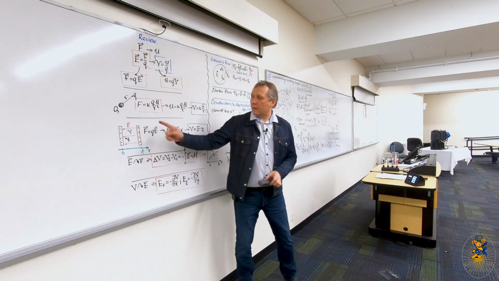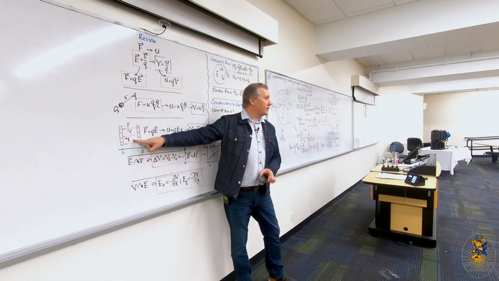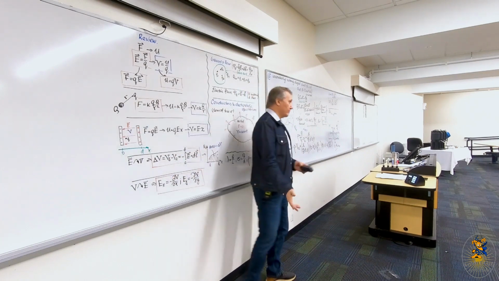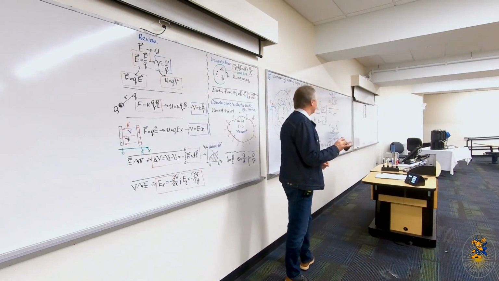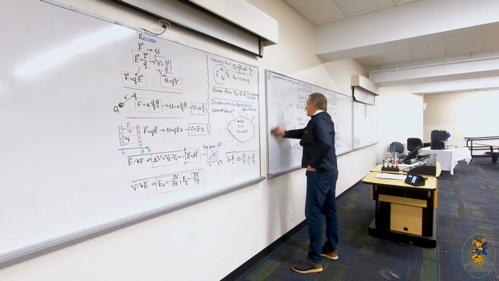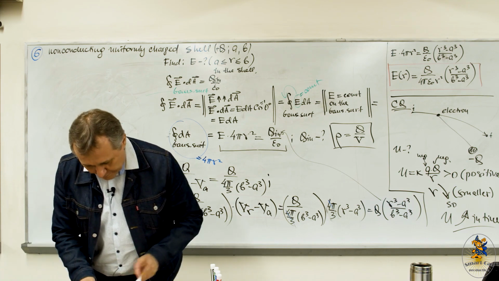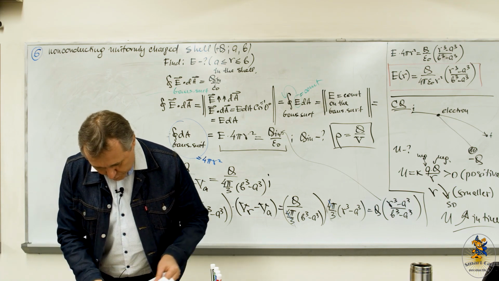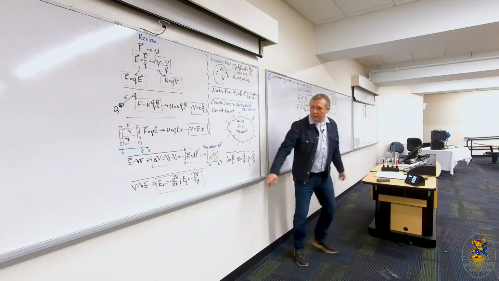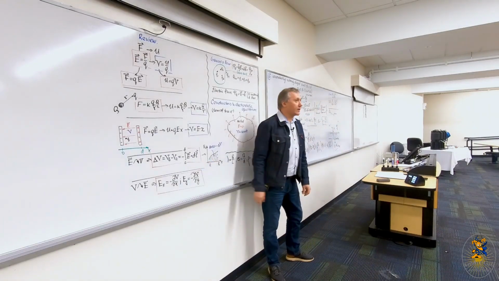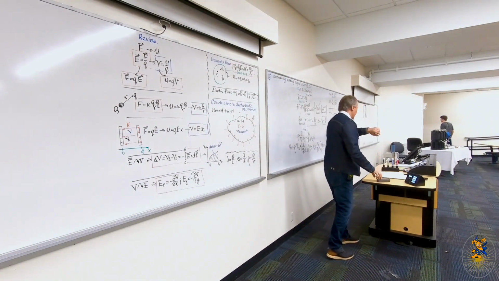In one, a point charge will be exposed to the uniform electric field, and in the second, 2-point charges. And after that, there will be a little bit of transitions between the electric field and the electric potential, and we'll call it a day. So it will be about 3 hours.